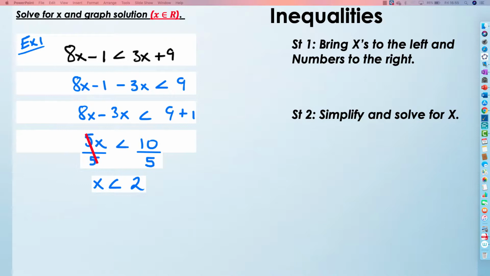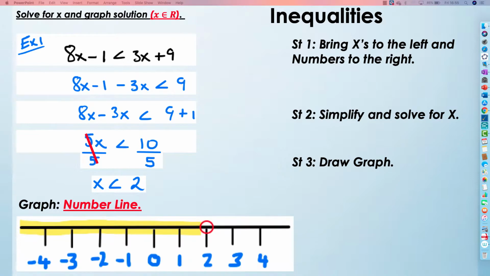If they ask you to graph it, you sketch a little number line. Here's my number line. The important things you have to know about my number line is there's 2, 1, 0, minus 1, minus 2, minus 3, minus 4, and so on. I shaded this line.